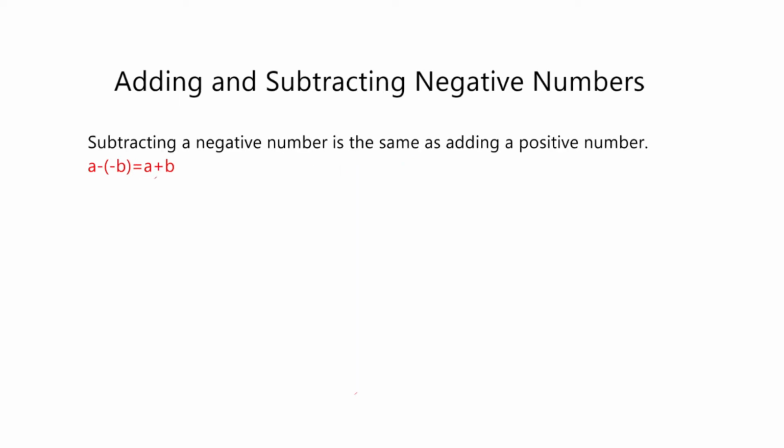Now let's move to the second rule. We have just two rules when it comes to adding and subtracting negative numbers. And this one is telling us that subtracting a negative number is the same as adding a positive number. The example is: a minus minus b is the same as writing a plus b.